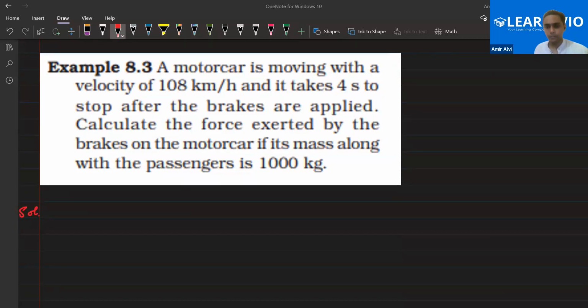After that, we'll start the third law of motion, which is the most popular in the real world. It's a very basic question, do it quickly.